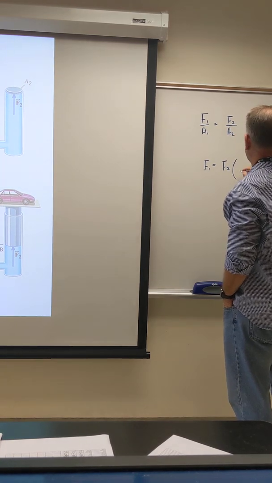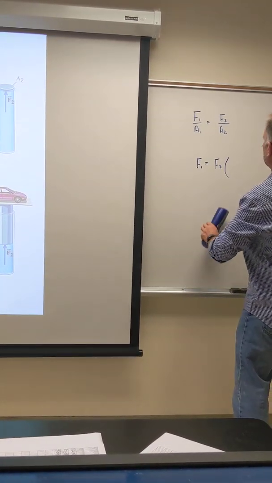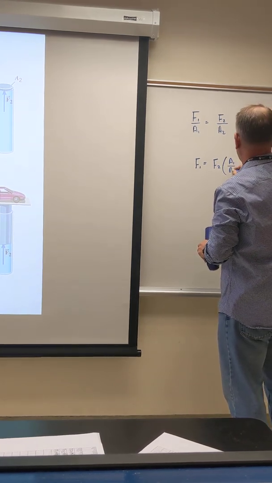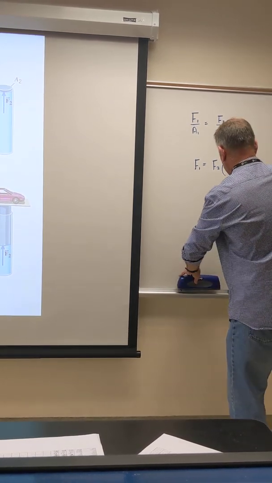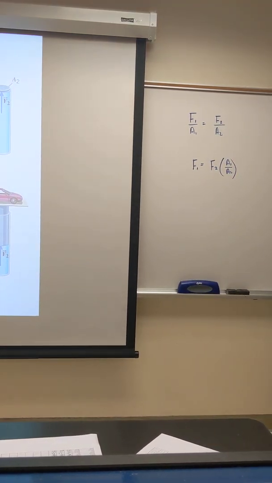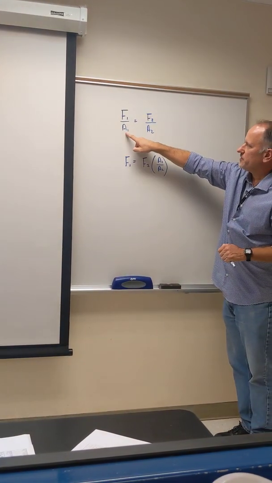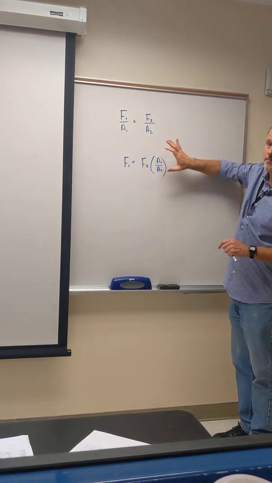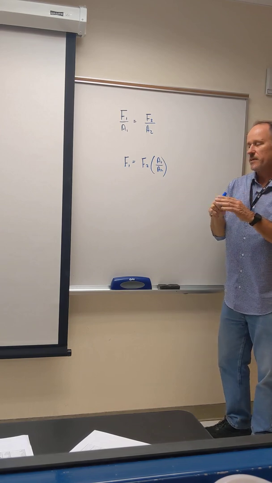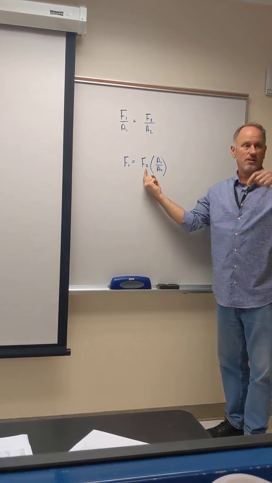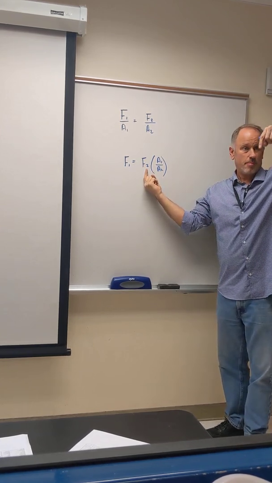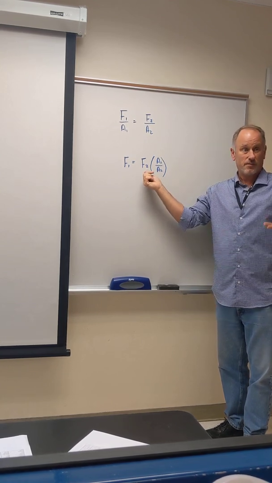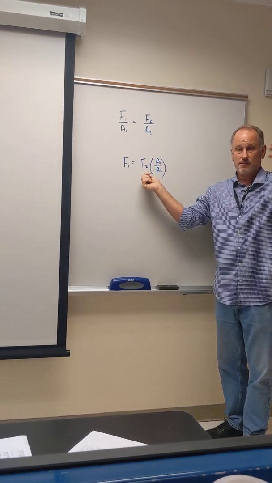And I say, oops, I want to make sure I get this right. All I did here was move this A1 over to this side, and I have this in a ratio, right? So think about what this is telling me. If I have a very heavy vehicle, and I want to lift it, I need to apply a force at least as much as the vehicle if I want to move it, right? Yes?